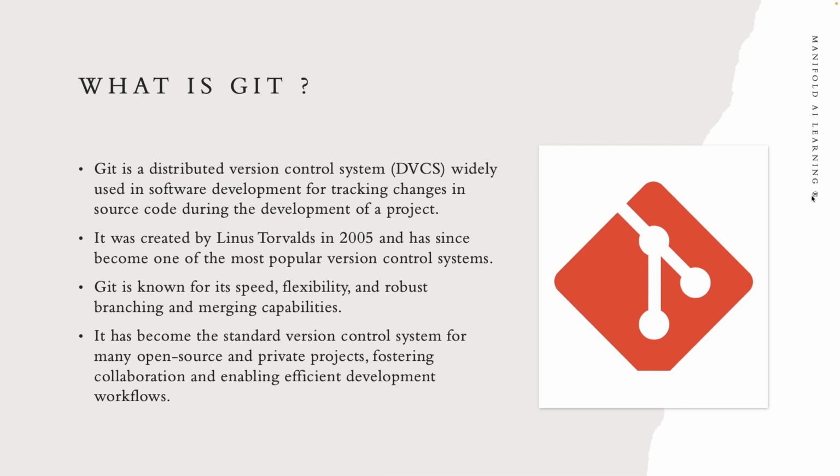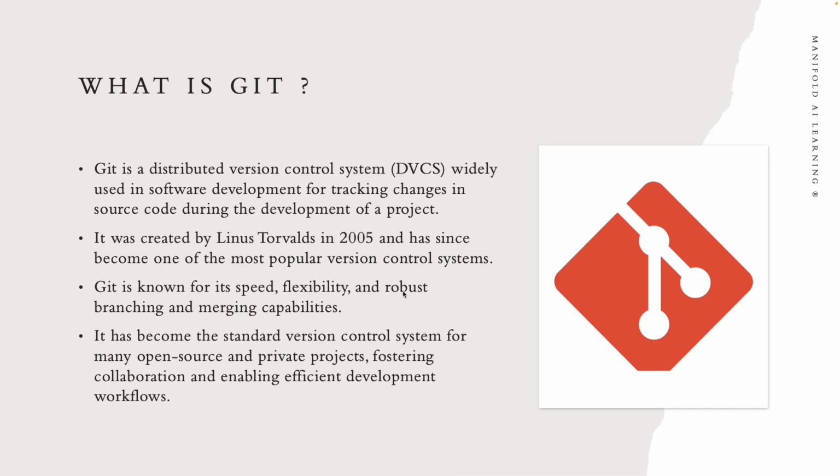Git is widely used in software development for tracking changes in the source code. It was created by Linus Torvalds in the year 2005, and since then it has become one of the most popular version control systems in the market.